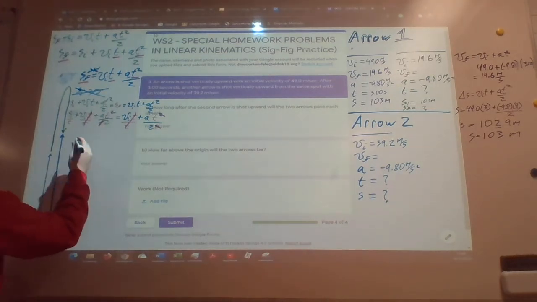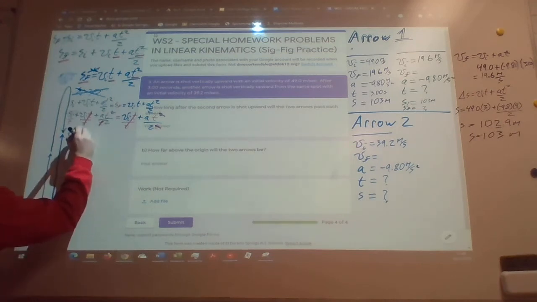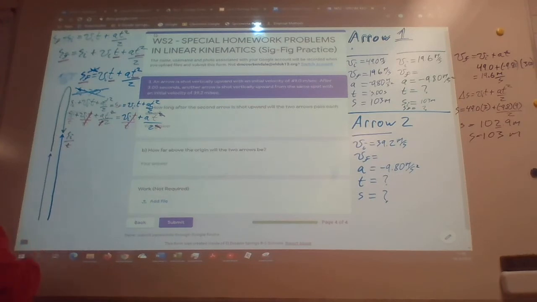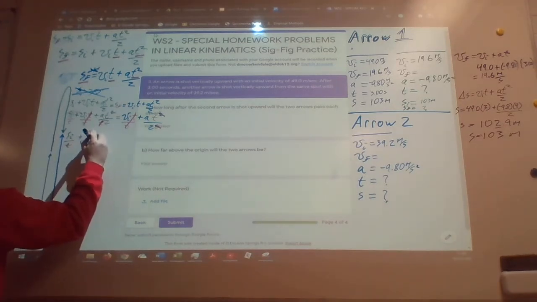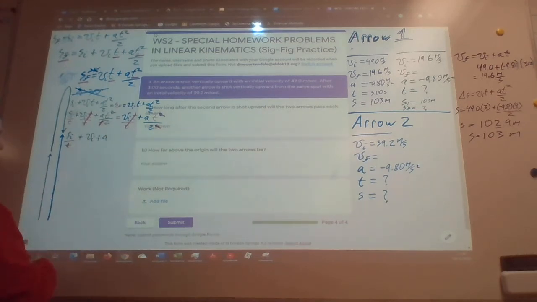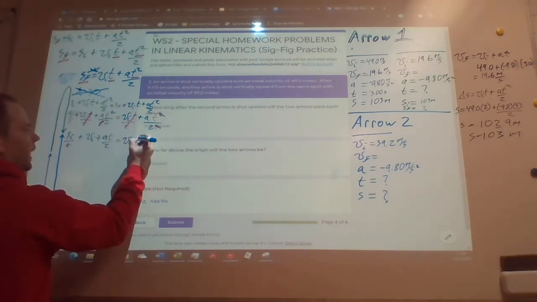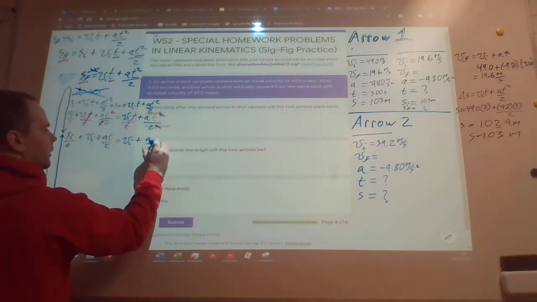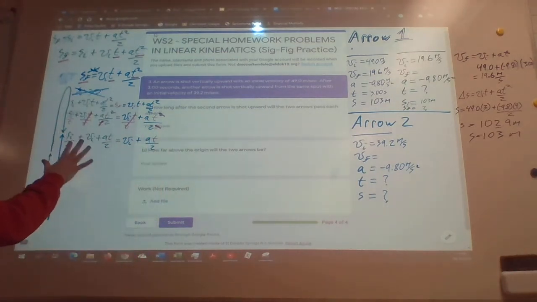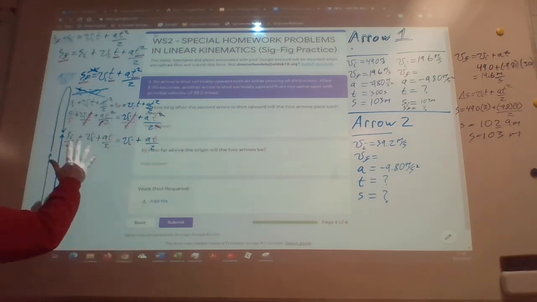So that's going to leave me with SI over t plus VI plus AT over 2 equals VI plus AT over 2. So by doing that, I have just eliminated most of my t's.